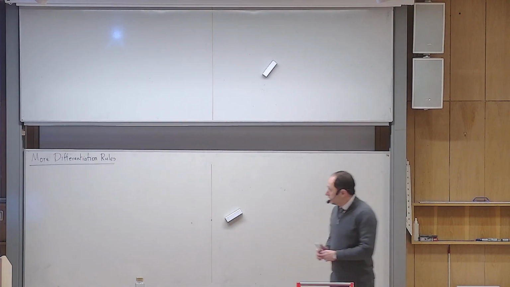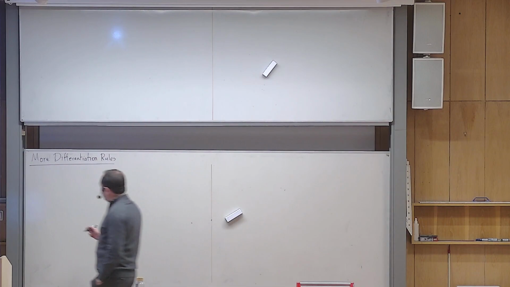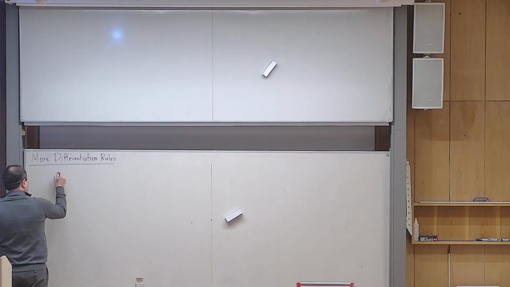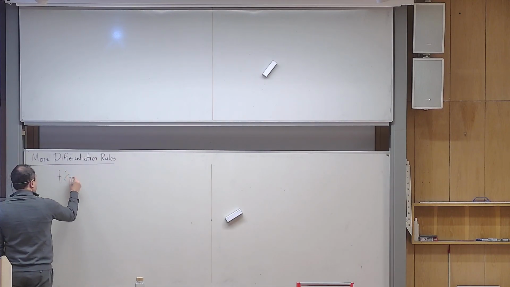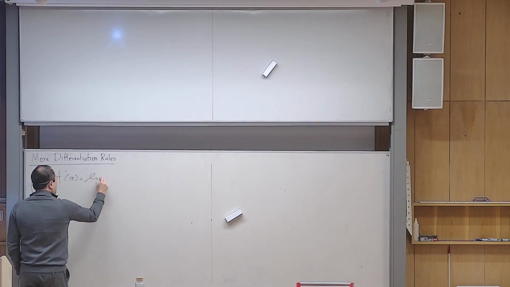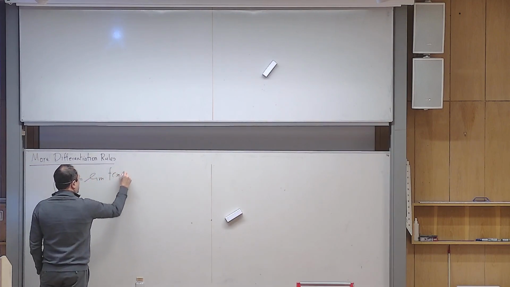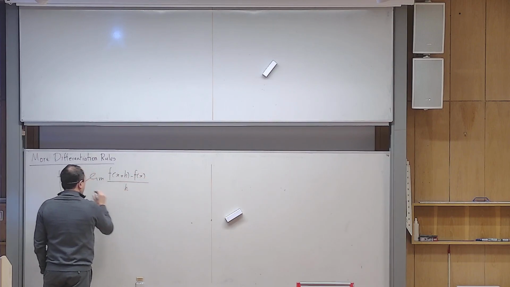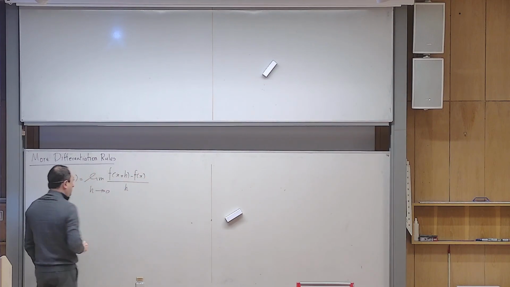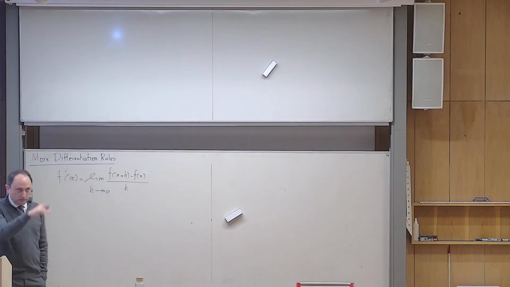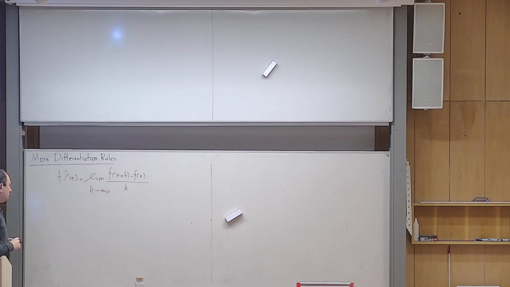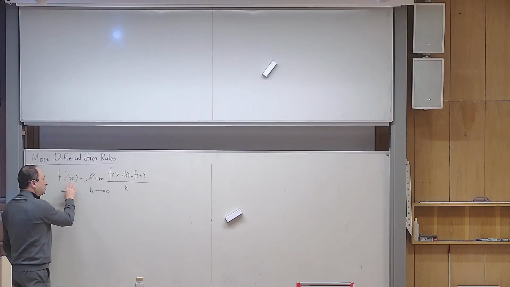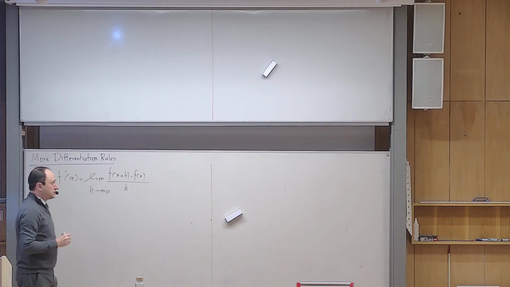So we learned about the derivative of a function f, which is the limit of f of x plus h minus f of x over h, as h goes to 0, okay? And then we had some table to have some particular functions and derivatives tabulated there.